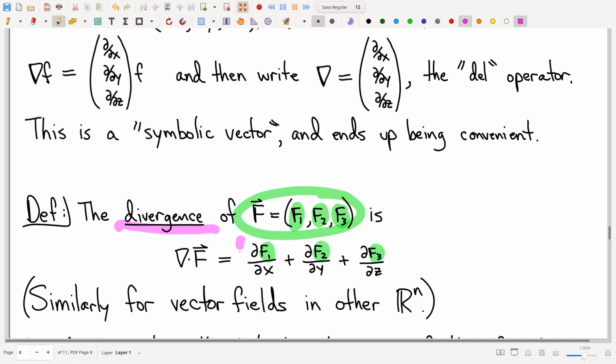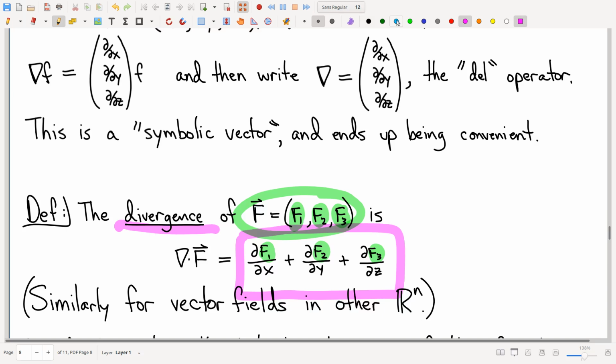This formula right here, weird though it looks: x partial of f1, y partial of f2, z partial of f3. Kind of weird. Why would I do that? Where does this come from? I can't tell you right now. We'll talk about that later. It turns out it's really important, really natural.